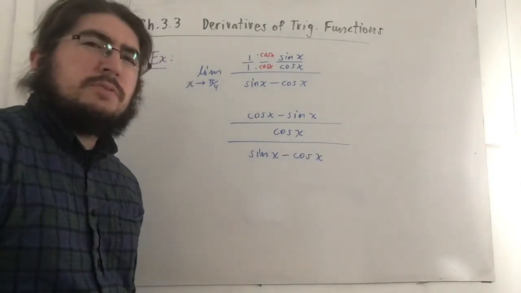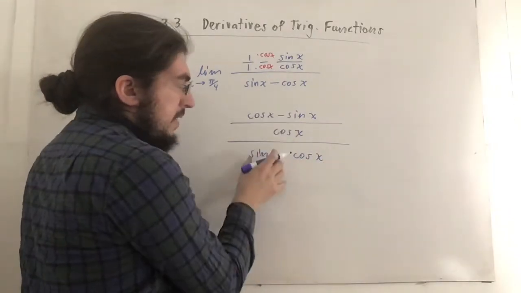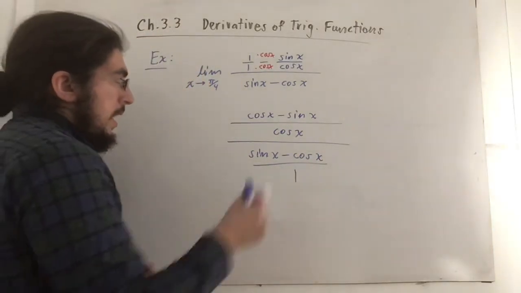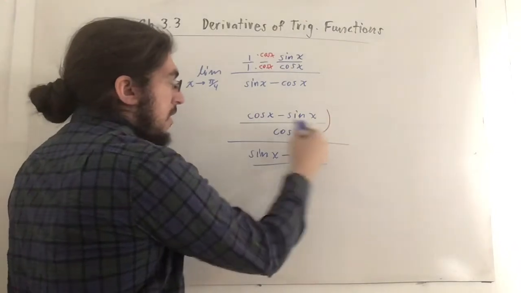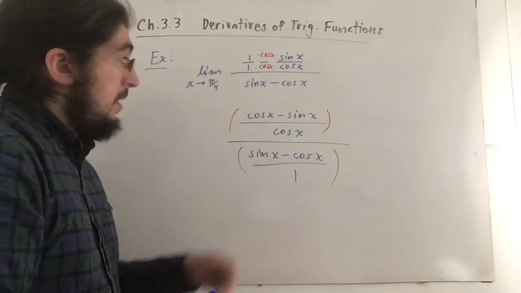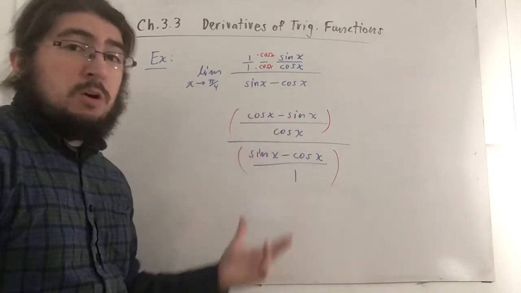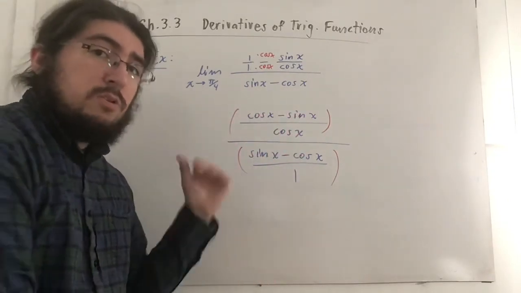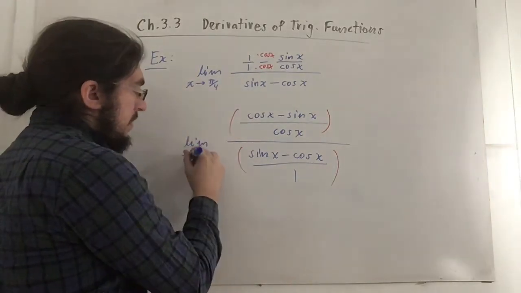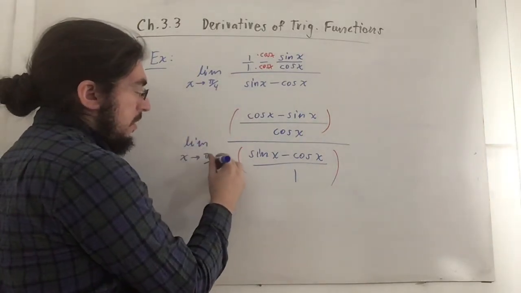Do we see what we can do? The denominator is sine of x minus cosine of x, we can write as a fraction in its own right, over 1. And then since we have a fraction over a fraction, we can just simply multiply the top by the reciprocal of the bottom. Cosine minus sine and sine minus cosine are negatives of each other, so when you divide them you get negative 1. I'll show that right now. And we're still in the limit, of course, as x goes to pi over 4.